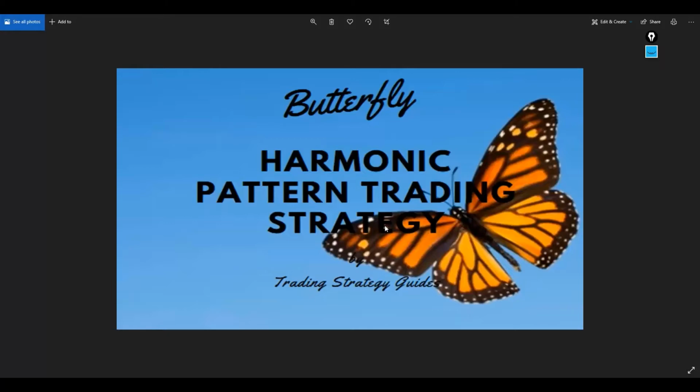Okay, all right. So let's begin with these two patterns. I don't know if you've heard about it, but there are several patterns in the harmonic pattern. One of them is the butterfly, the other one is the bat, sometimes the crab, and other things.